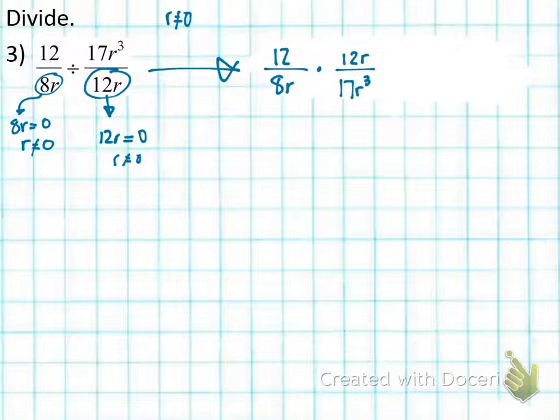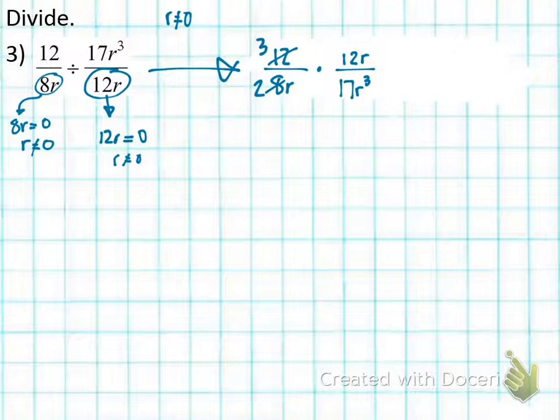Raise your hand and give me an example of a factor we can simplify in the numerators and denominators. 12 and 8. We know that 4 goes into each of them, so 4 times 3 is 12. What else can I simplify?